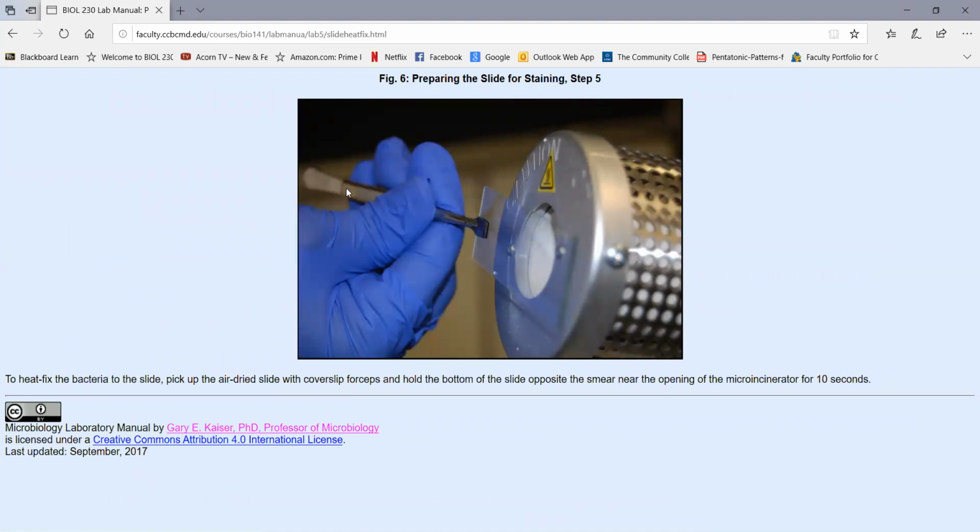Now, rather than forceps, we're going to use a wooden clothespin. That actually holds the slide a little bit better. But remember, the bacteria and your label are on top of the slide, on this side over here. And you're going to hold it right against the opening. You can just let the slide rest on those 2 screws there and do that for 10 seconds. And that will heat fix the bacteria.